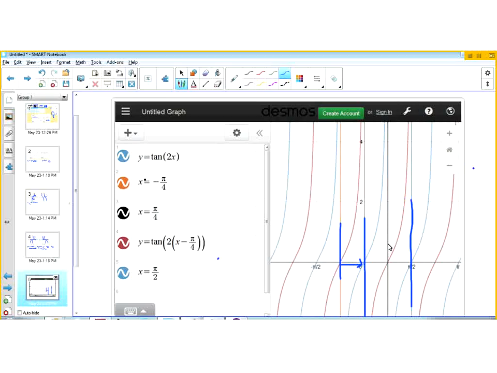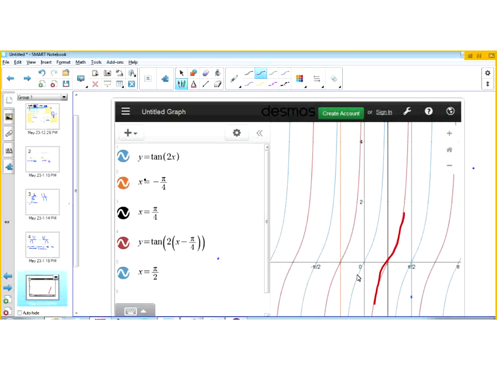We knew that pi fourths was a vertical asymptote for tan 2x, and when we shift it right pi fourths, the vertical asymptote shifts to pi halves. The red branch is the shifted tan 2x function. So this is the shift.